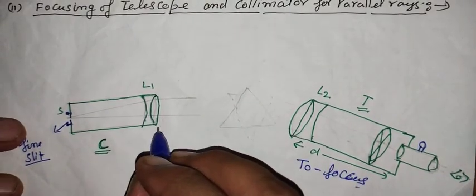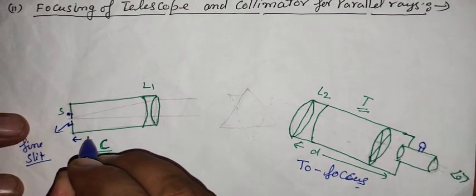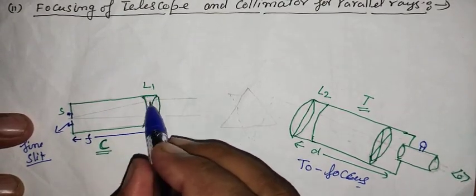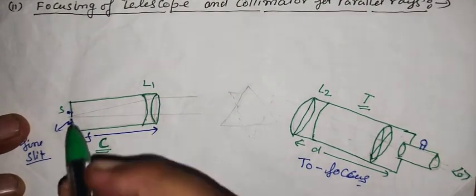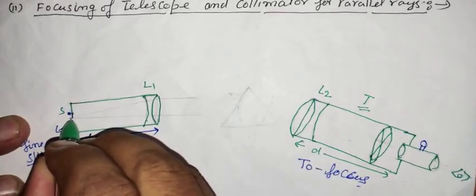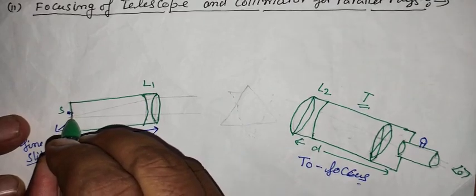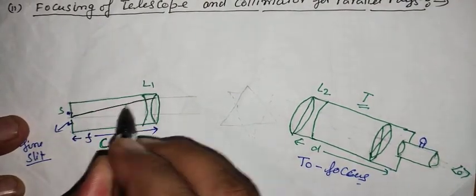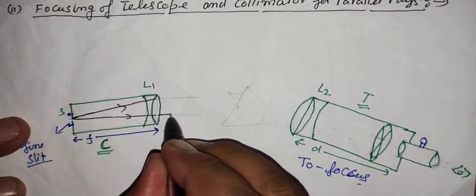The distance between both is kept equal to the focal length of the achromatic combination of the convex lens, in such a way that when either white light or monochromatic light, where we use sodium light, is on, the rays, see carefully, which emit from here fall on lens L1 and become parallel.